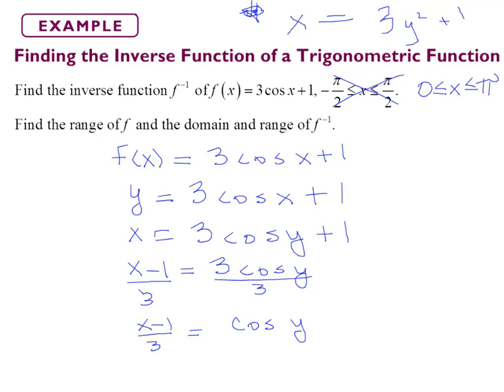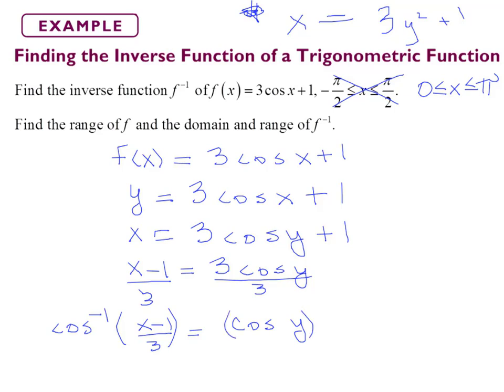So this part maybe you don't know how to do. Do you have any ideas? If not, I'll show you how to get that, because we want to get the cosine away from the y, right? Because we want to solve for y. Take the inverse. I take the inverse of both sides, exactly.